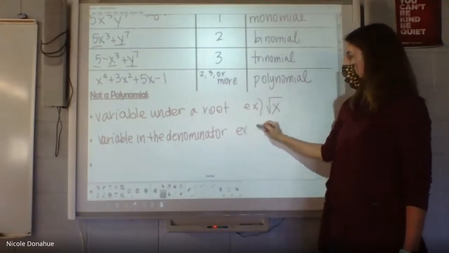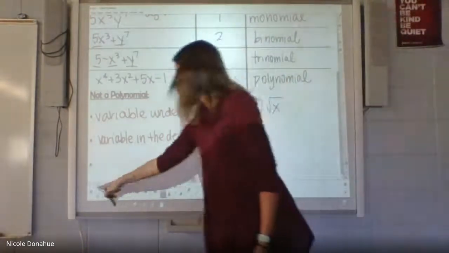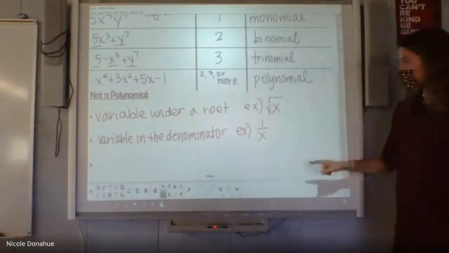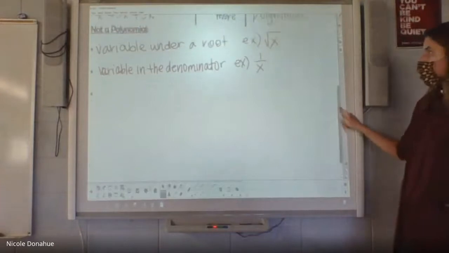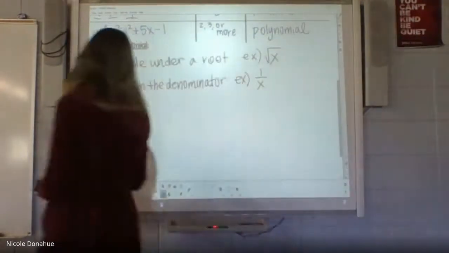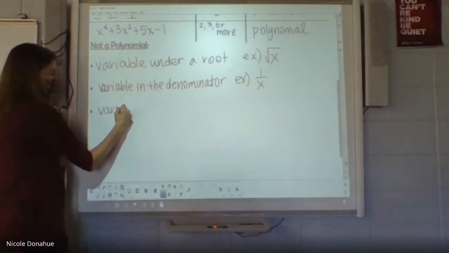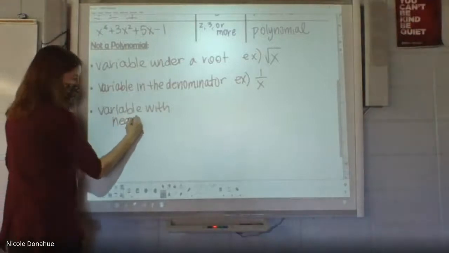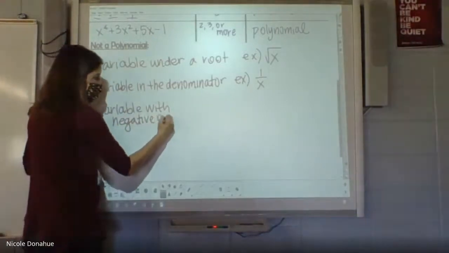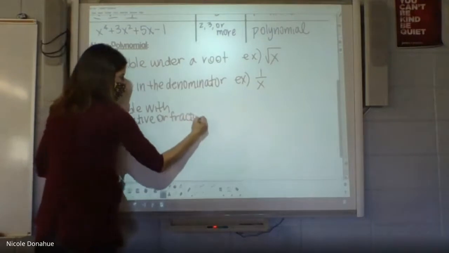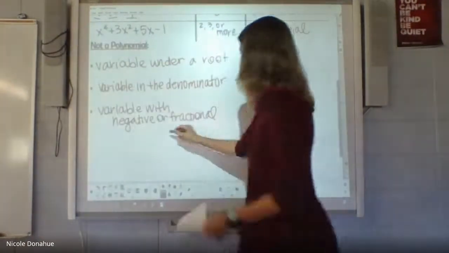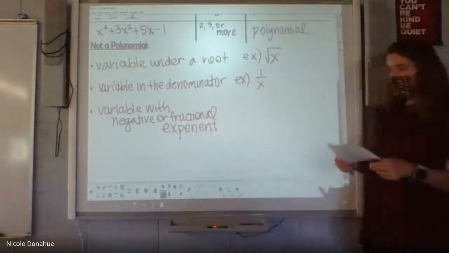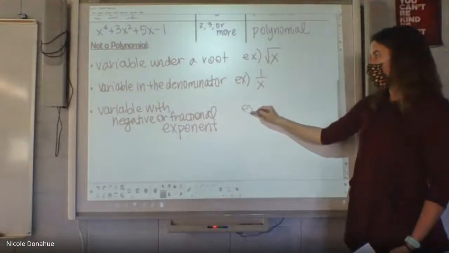A variable in the denominator would be considered not a polynomial. And then finally, a variable with a negative or fractional exponent is also not a polynomial.